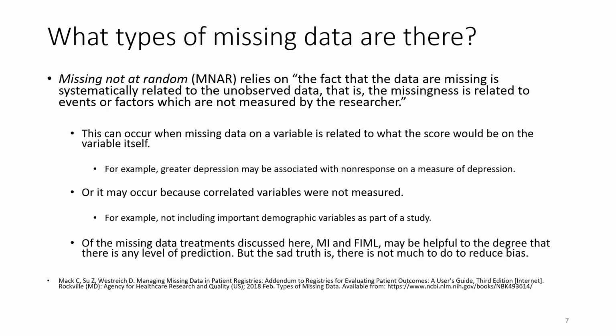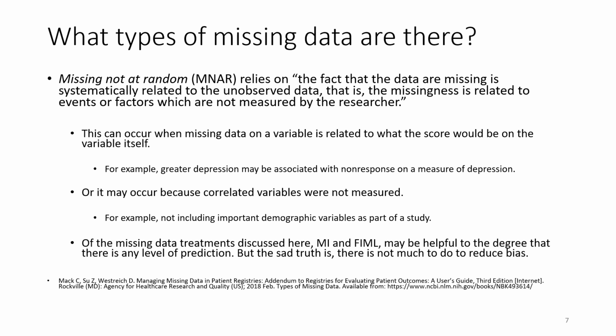So the third state that missing data can have is known as missing not at random. This state, MNAR, relies on the fact that the data are missing systematically related to the unobserved data.